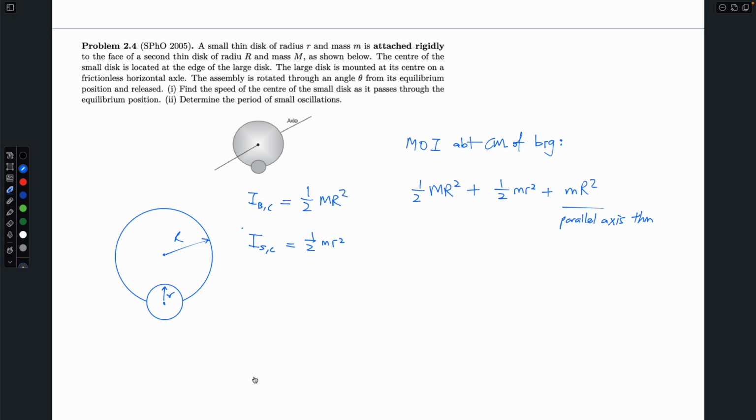Basically, if I know the moment of inertia of an object about its center of mass, and I want to find the moment of inertia about a different axis at a distance r, I can simply do I equals I_CM plus m r squared, where m is the mass of whatever object. It's not just for this.